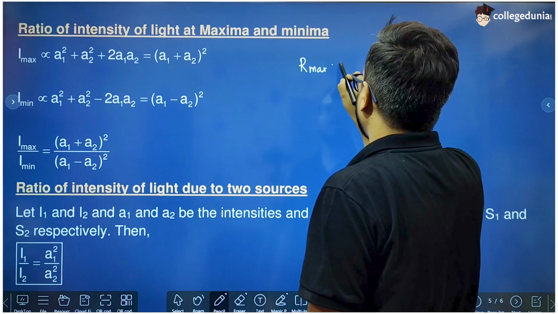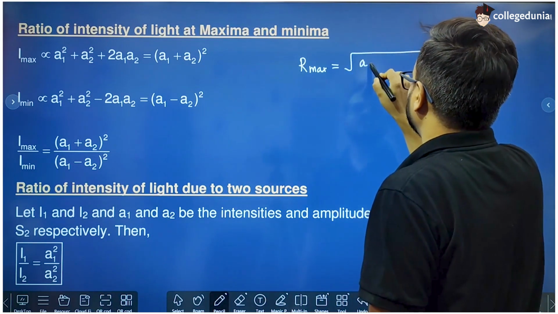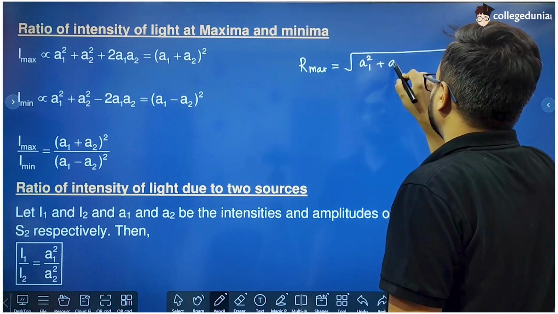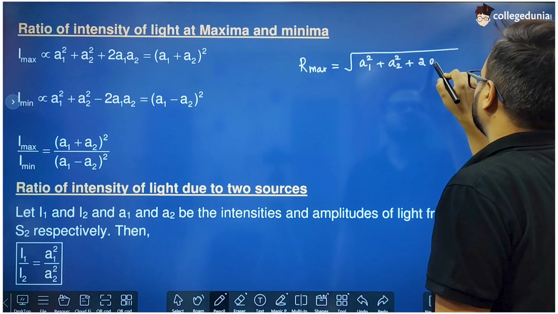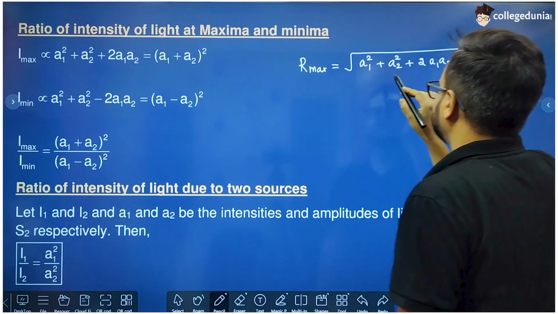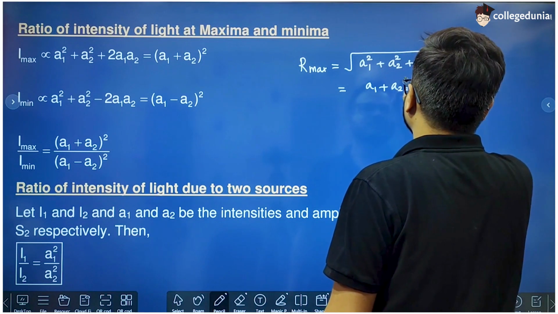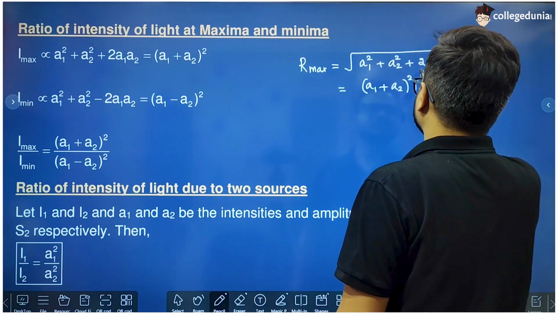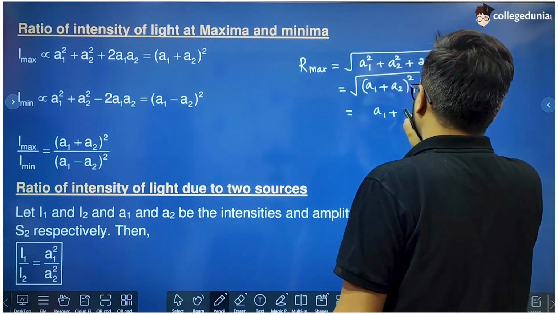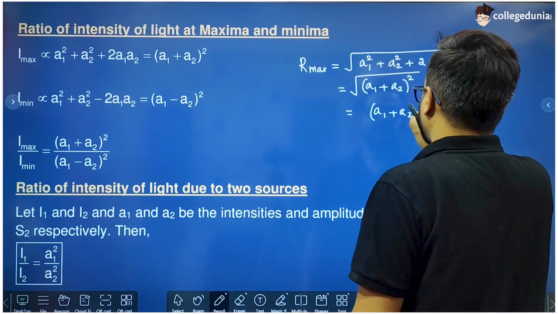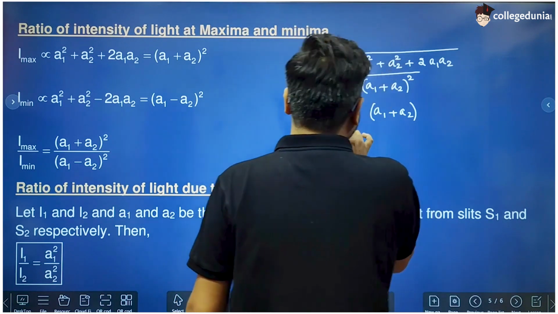R max is under root, when cos phi is 1, a1 square plus a2 square plus 2 a1 a2, which is simply the whole square of (a1 plus a2), under root, which is going to be a1 plus a2. So this is R max.